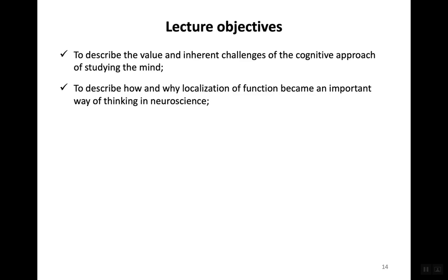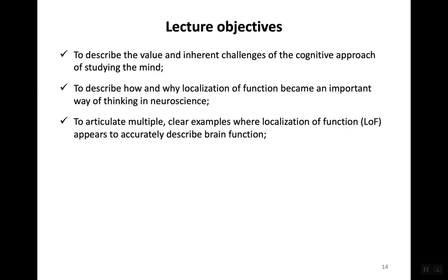But it also has its own limitations, and it is important to see those limitations and appreciate them. Another objective is to be able to articulate multiple clear examples where localization of function accurately appears to describe brain function, and we're going to go over quite a number of them in today's lecture.